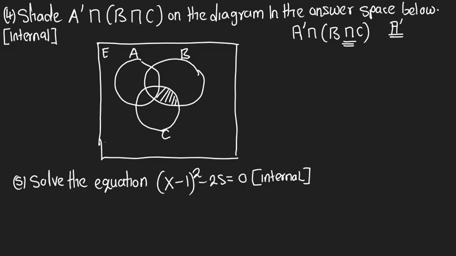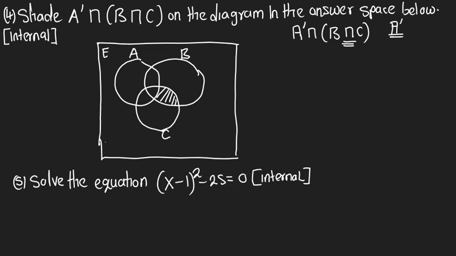Intersection means where the two are meeting. Union means everything combined together.